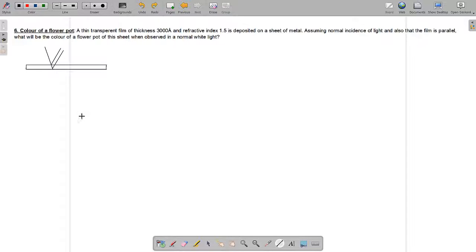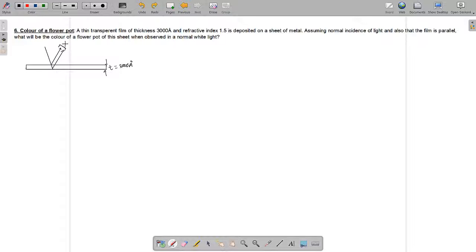So, due to the reflection between these two surfaces, we can find out what is the path difference in these two reflected waves, and thus we can calculate for which wavelength the intensity is maximum. Now, it is given that the thickness of this is T, which is 3000 angstroms.